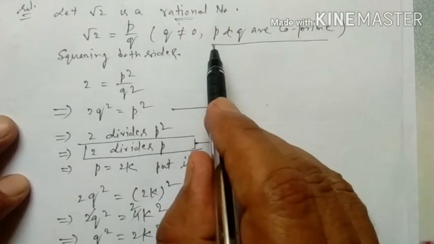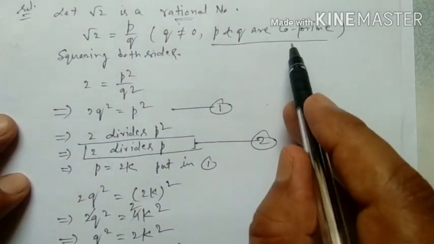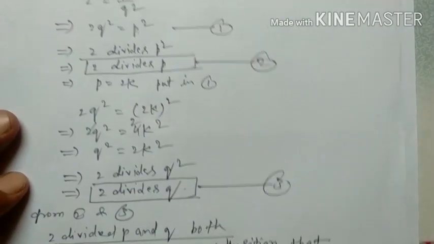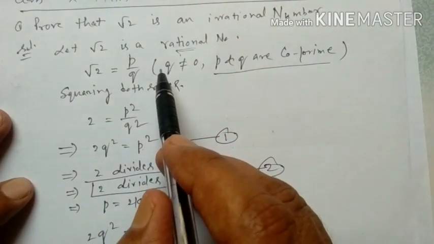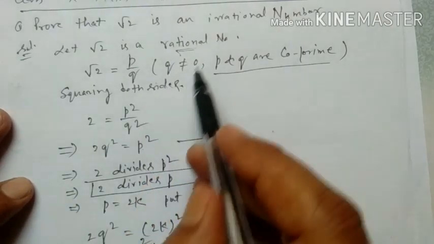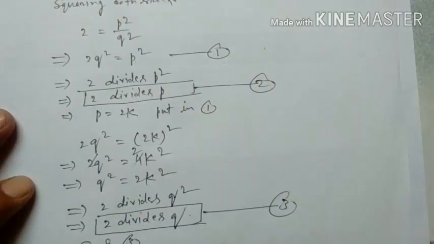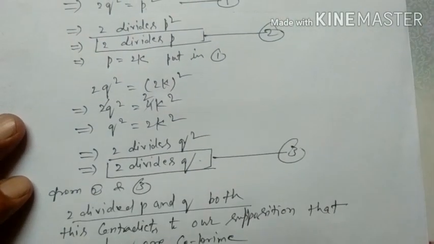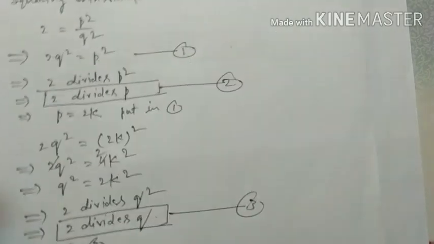But here we suppose P and Q are co-prime and there are no common factor. This is the contradiction. So our supposition that this is a rational number is wrong. So this number is irrational number. So we can write this statement in this form.